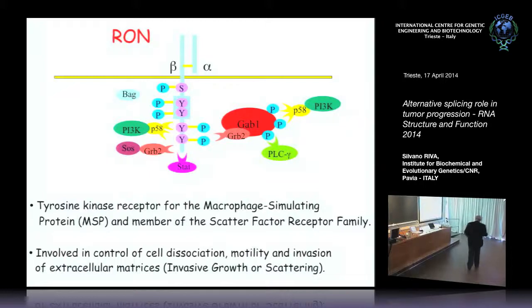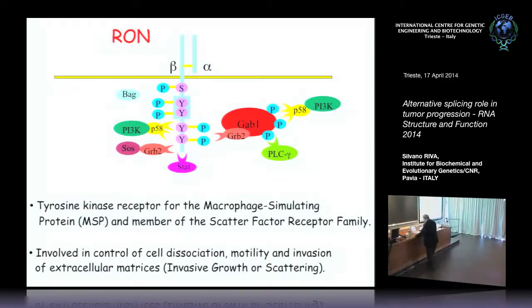Okay, this receptor is a heterodimer, two subunits, alpha and beta subunit, plus all the transducing apparatus that transmits the signal to the RNA metabolism and so on.